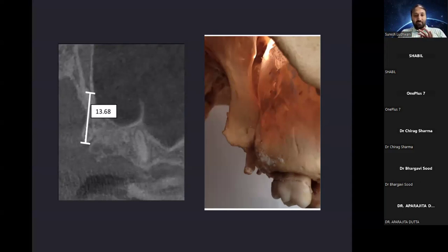This is the pterygomaxillary fissure. Along with that, just beside it is the pterygomaxillary fossa. Now, this fossa is very important for us because from here the pterygoid plexus passes, and this is where if you hit, you are going to have a possibility of a complication, something which you need to avoid.